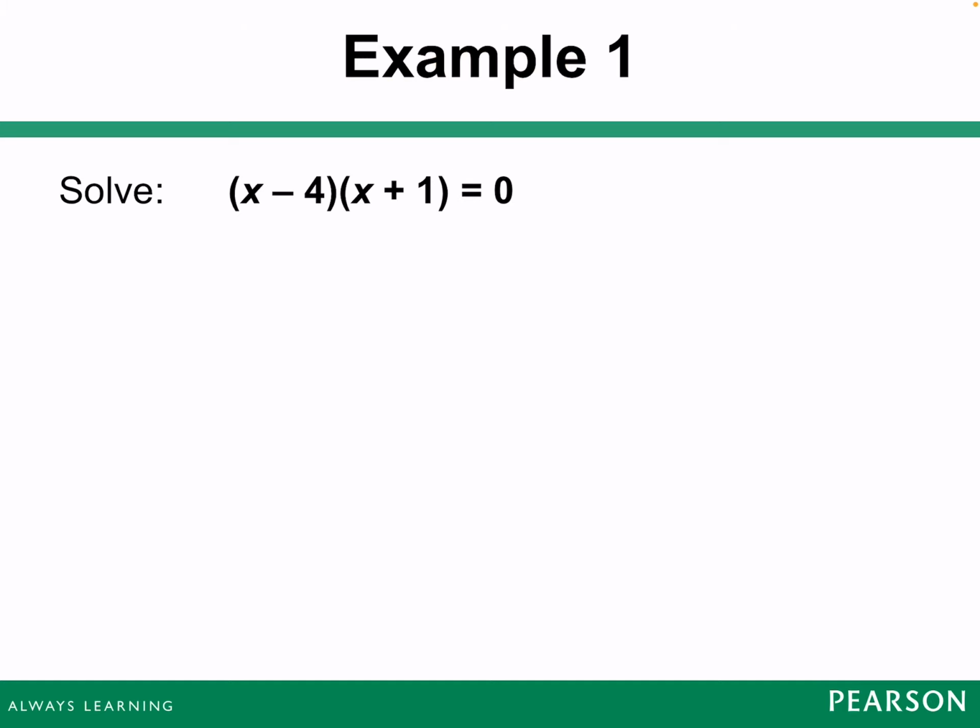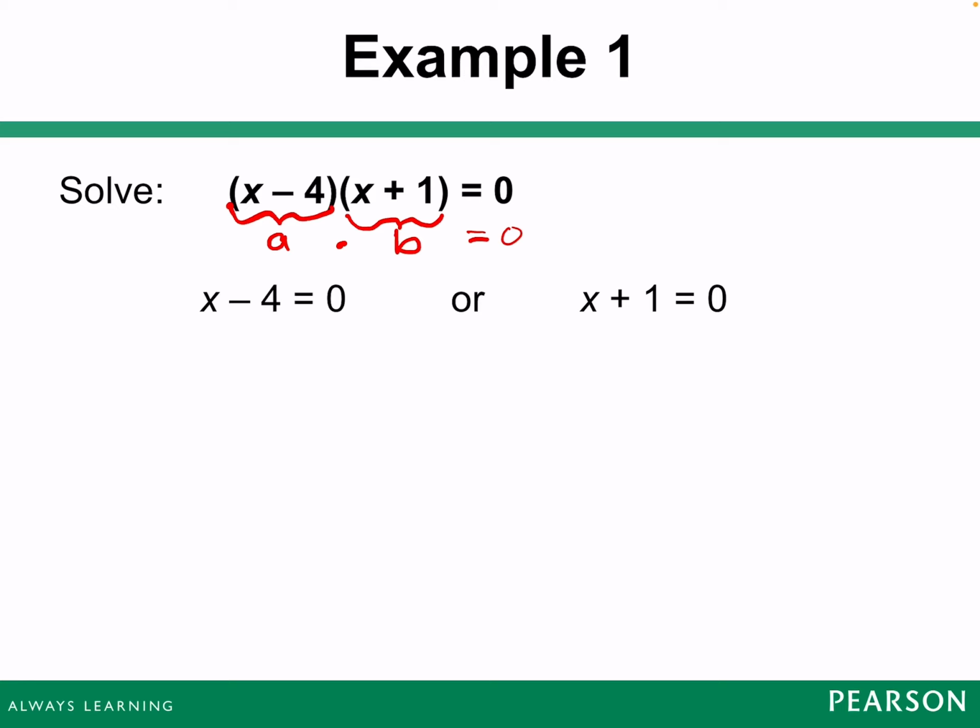All right, here's our first example. It says solve, and they give us the quantity of x minus 4 times the quantity of x plus 1, and they've set it equal to 0. Okay. This quantity here is our a, and this quantity here is our b, and we're multiplying together, and we get a product that's 0.